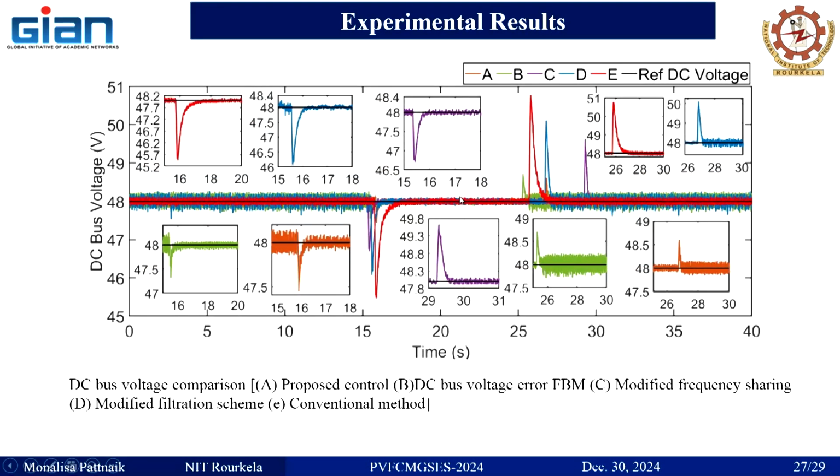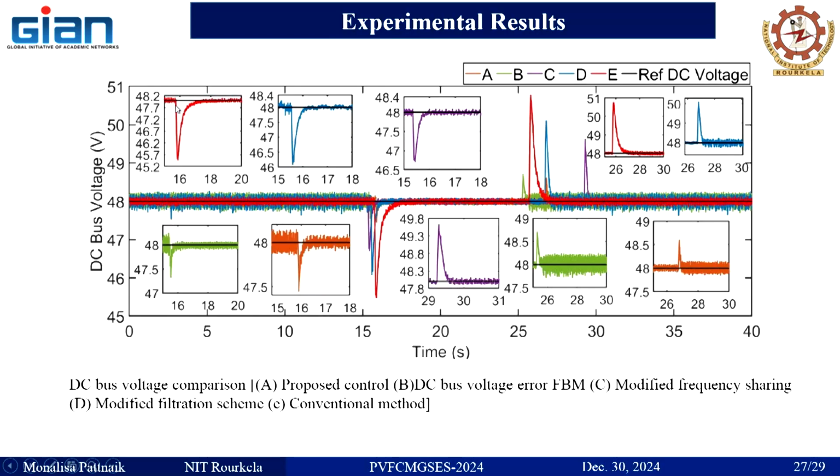And this is the DC bus voltage tracking using the experimental method, and all the other control methods are compared here. So we can see here the red one is the actual proposed control method.